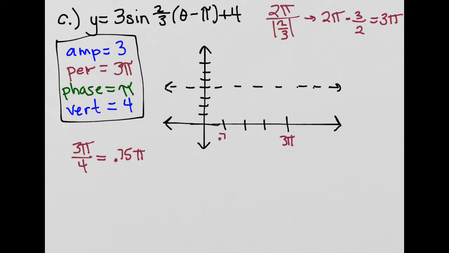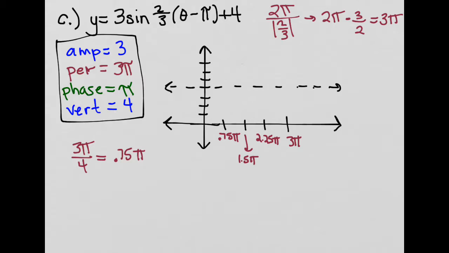So this is 0.75 pi. This one would be 1.5 pi, and then 2.25 pi, and then that 3 pi. I'm going to move that over a little bit.